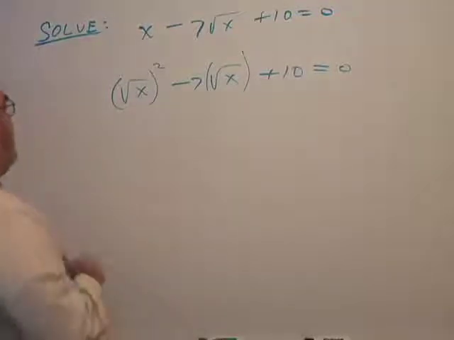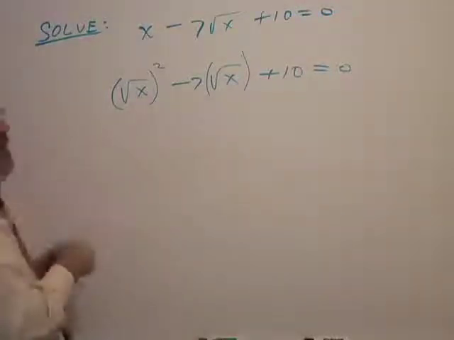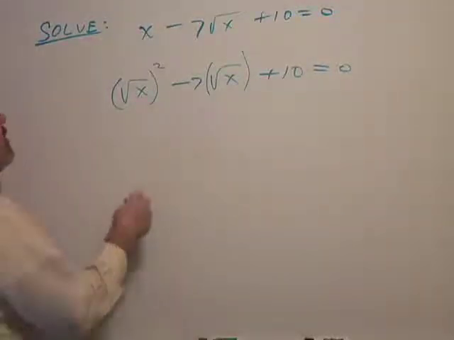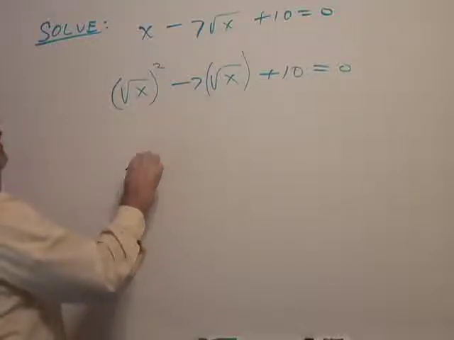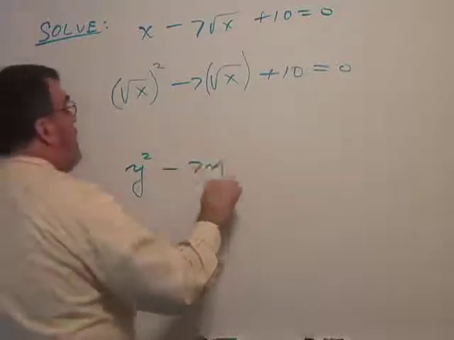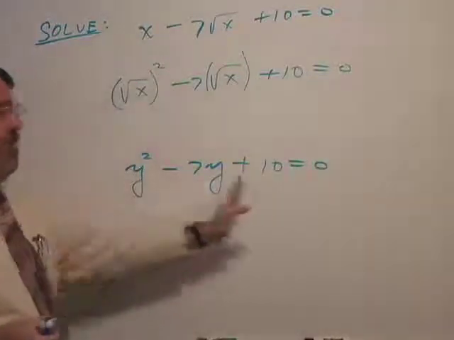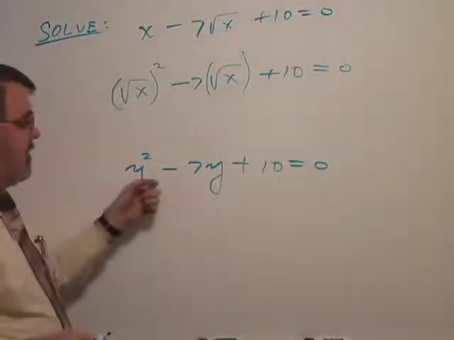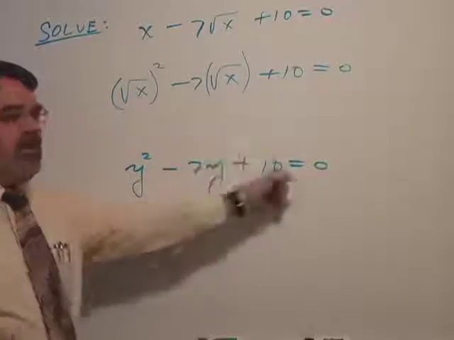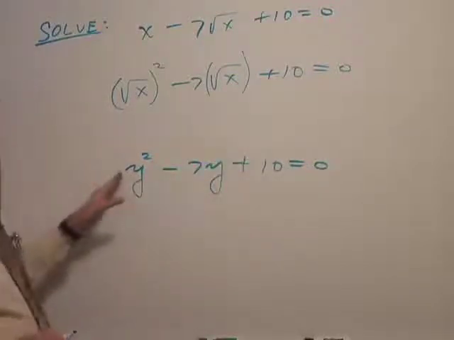If I had y squared minus 7y plus 10 equals 0, this is obviously a quadratic equation. We have a squared term, the first power, and a constant. And this is in variable y.